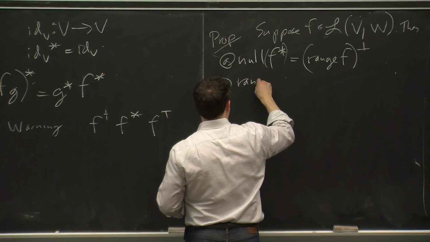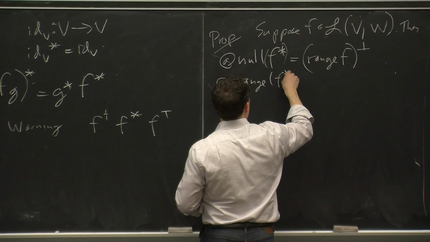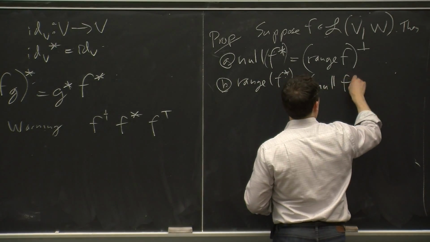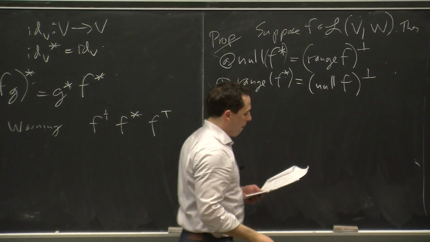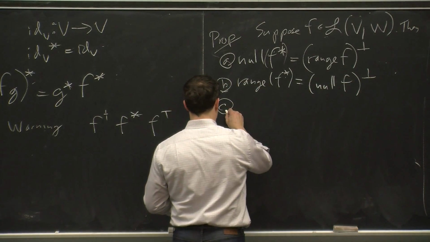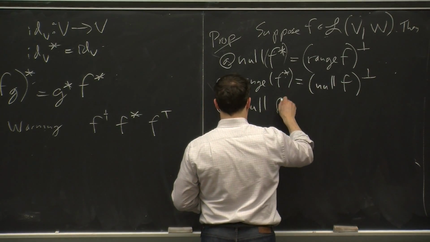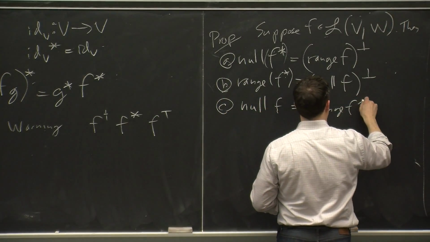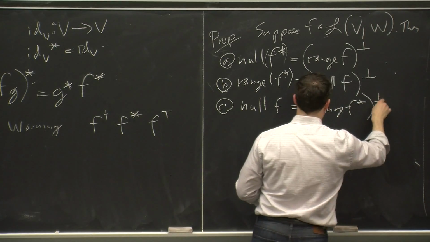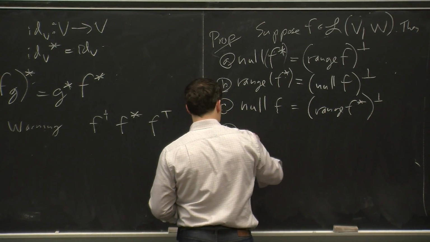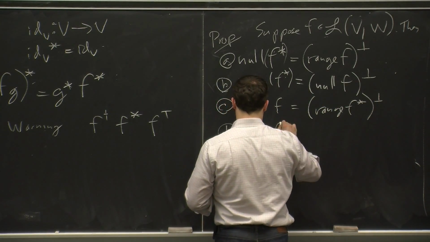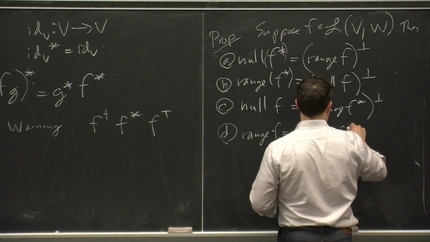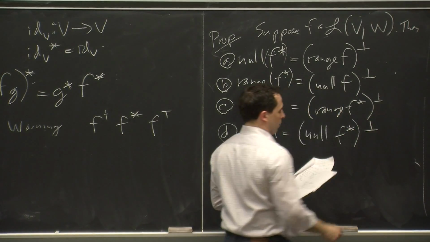The range of the adjoint of F is equal to the null of F's orthogonal complement. The null of F is equal to the range of F adjoint's orthogonal complement, and finally, the range of F is equal to the null of F adjoint's orthogonal complement.